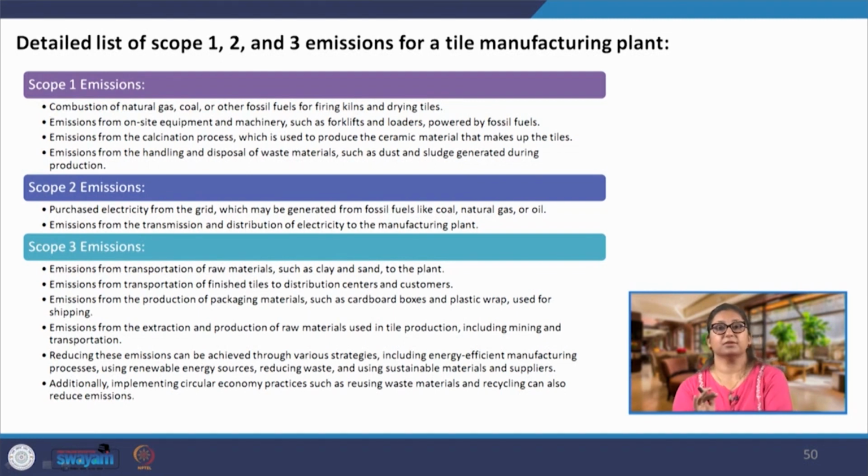This is not for an Indian tile manufacturing plant, but usually if you look at kilns in India, they are primarily running on the conventional fuel so far. So a lot of coal and wood and a lot of other material is burnt directly, and there are these huge chimneys which let out the emissions higher into the sky.